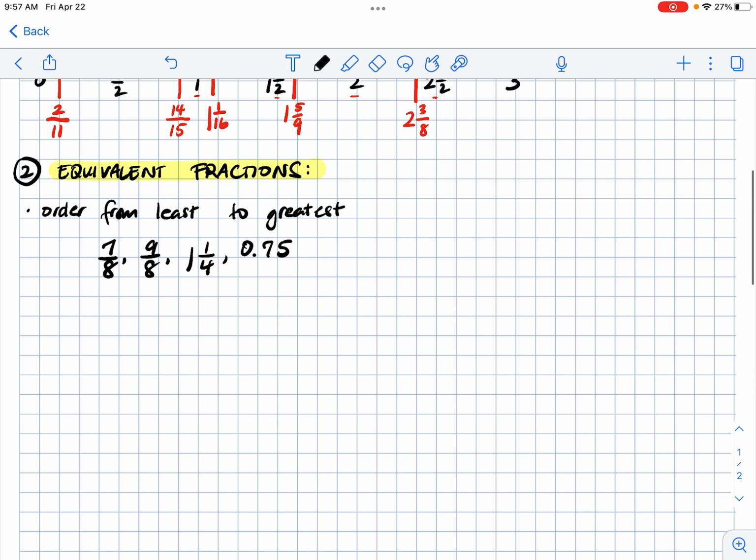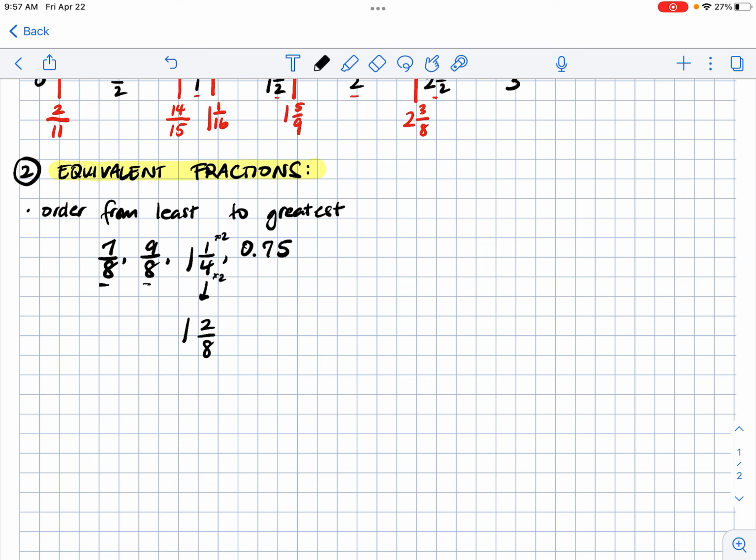Well, I know that the common denominator here is going to be 8. So I'm going to take 1 1/4 and I'm going to convert that to a fraction over 8. So I know I'm going to multiply both the numerator and denominator by 2. So that's going to become 1 and 2 over 8.